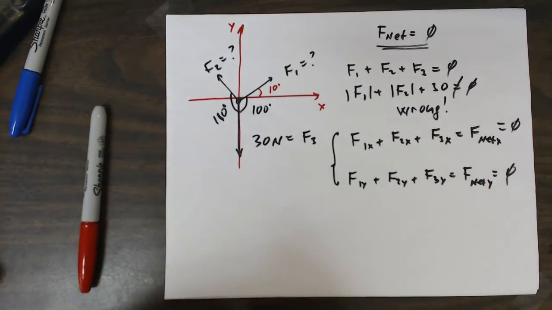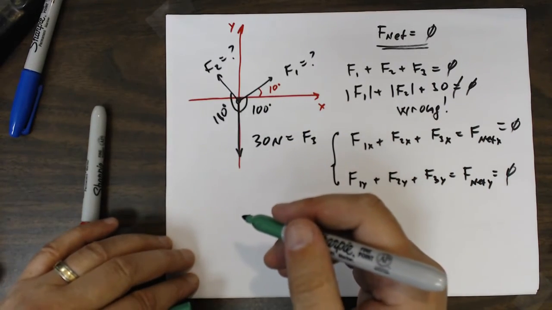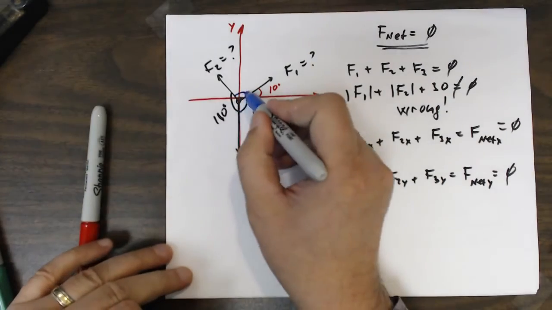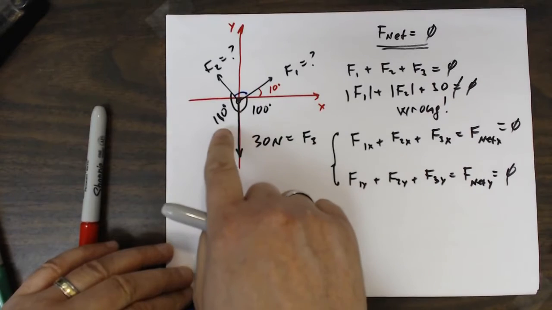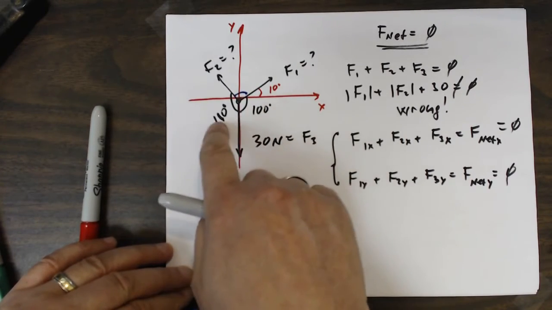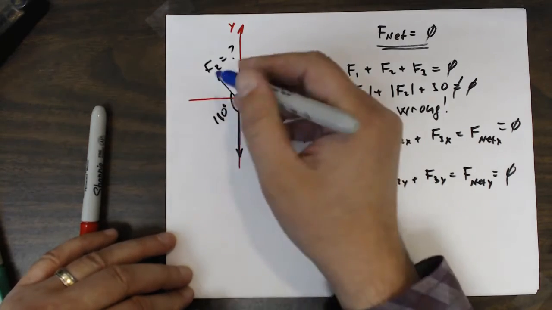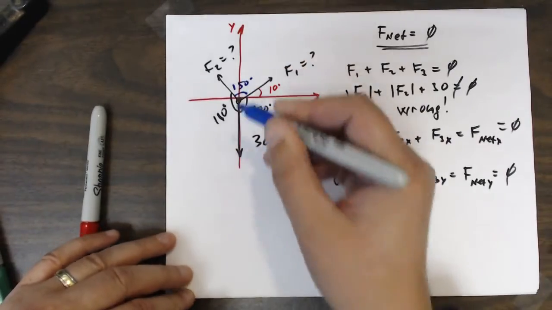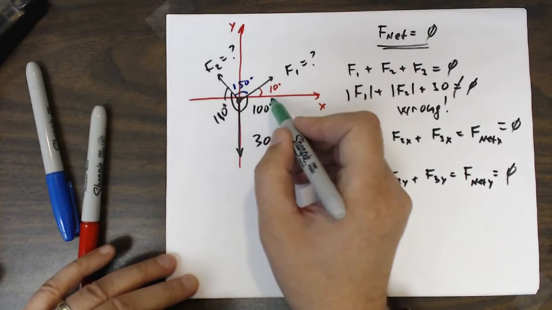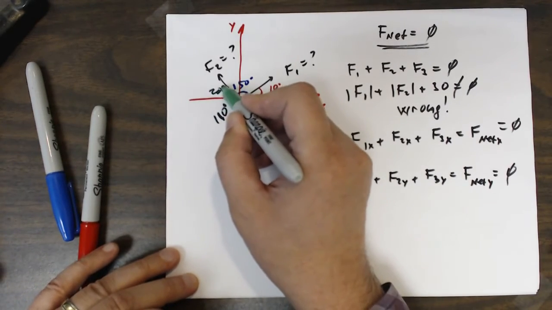And again, let's say this whole angle will be equal to 360 minus 100, 260 minus 110, 150 degrees. And again, this angle will be equal to 180 minus 10 and minus 150, 20 degrees.